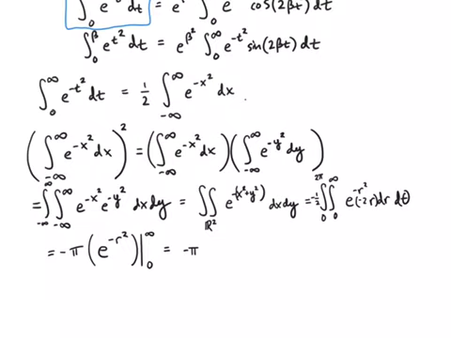And so this becomes negative pi times a limit, as big R goes to infinity, of e to the minus big R squared minus e to the 0, which is just 1. So this is pi times the limit as big R goes to infinity of 1 minus e to the minus R squared, and e to the minus R squared goes to 0 as R goes to infinity. So this is just pi.